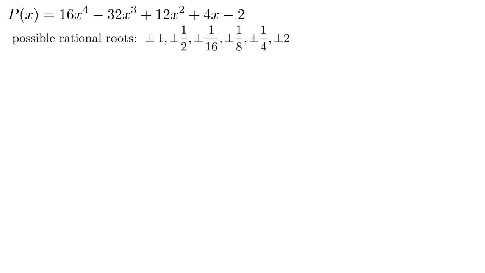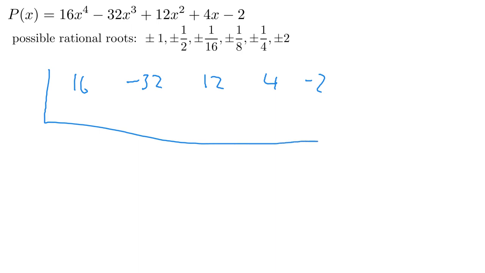Okay, why don't we try -1 then? Let's set it up again. We've got 16, -32, 12, 4, and -2. Separator line. Let's try -1 as our next shot. Drop the 16, multiply. -1 times 16 is -16.